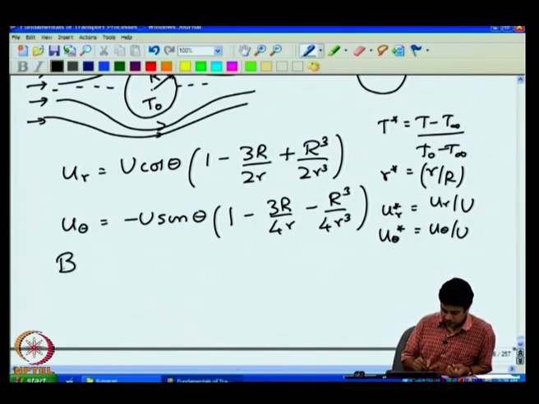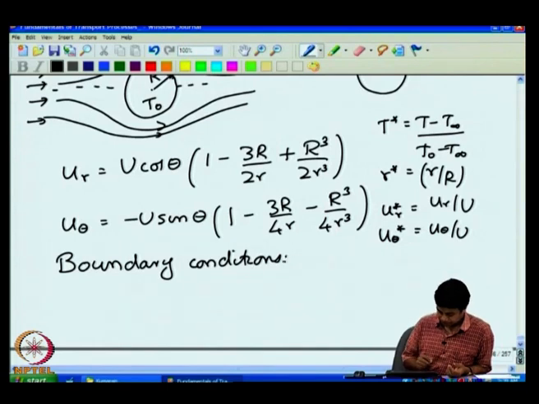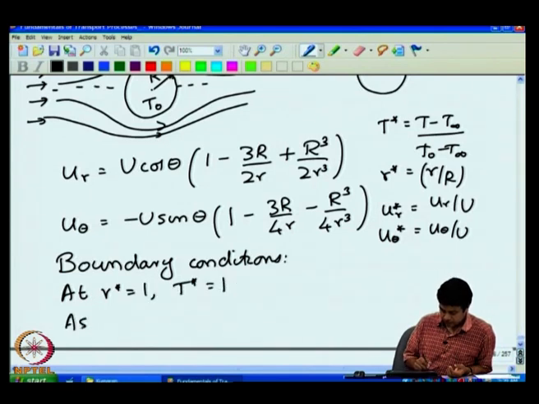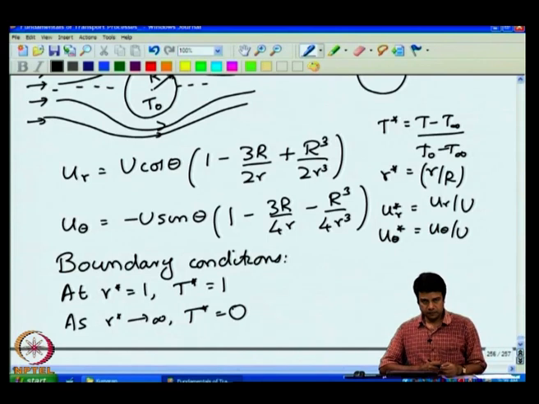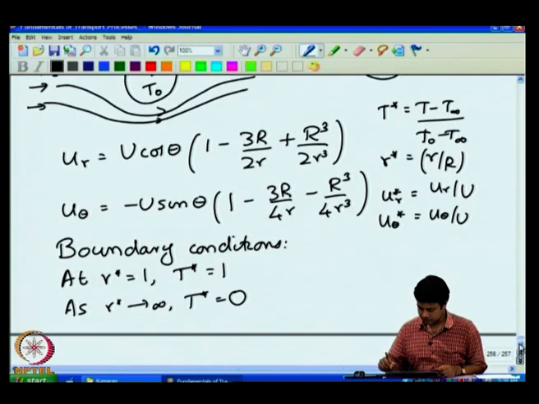So, the boundary conditions are at r star is equal to 1, T star is equal to 1, and as r star goes to infinity, T star goes to 0. Okay, so the temperature is 1 at the surface and it goes to 0 as the distance goes to infinity.